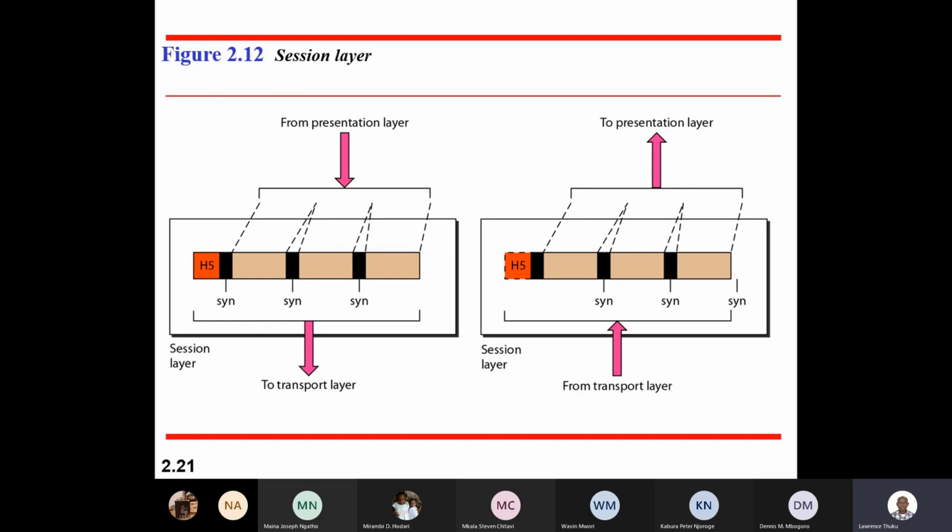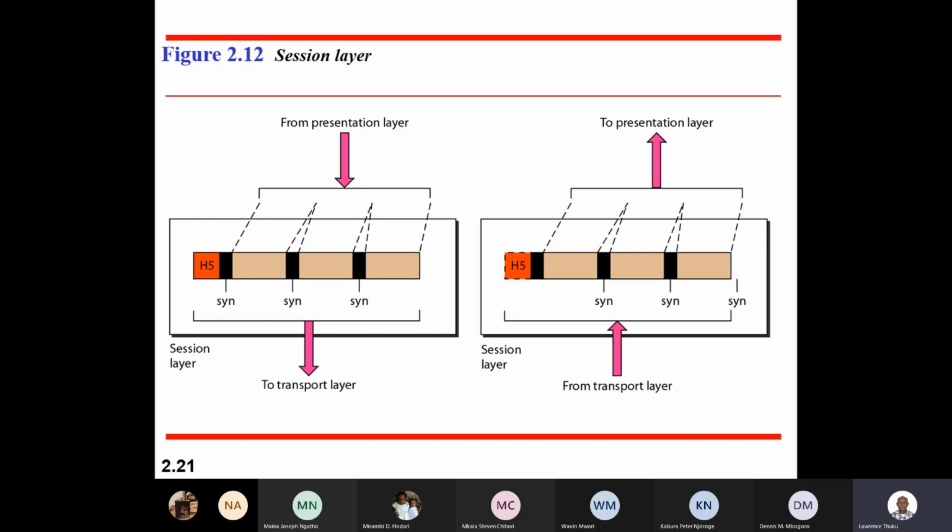The session layer creates what you call a session. Like now you're in session. We are here doing data communication between 5 to 7, for example. That's a session, okay? So it's a window. It creates a window for data transmission between point A to point B. Its major purpose is to create synchronization, meaning that it's synchronizing each process as it's being transported. Okay, there's that delivery of data from one level to the other.